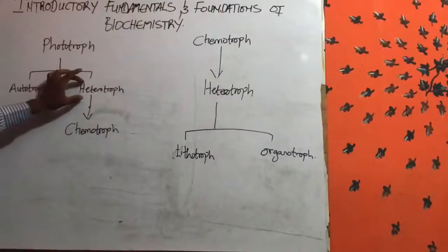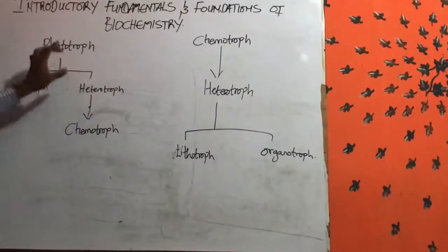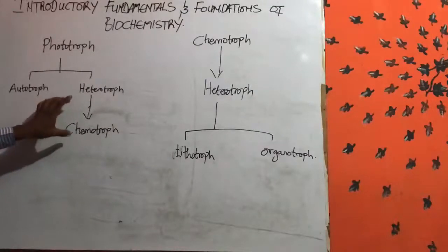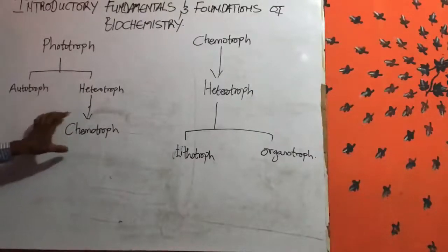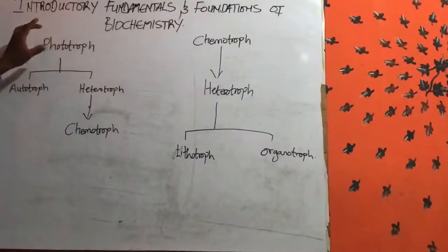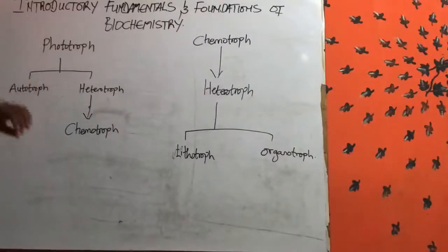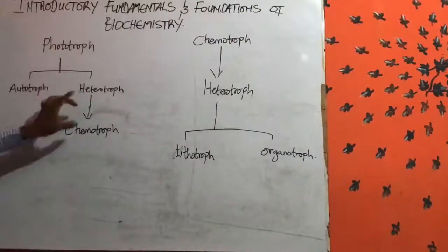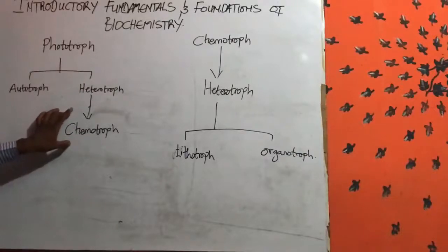If it's depending on already made food, then my phototroph is also a chemotroph, which means it is depending on chemical compounds. So it's eating chemical compounds. For instance, if I have a phototroph that will absorb glucose, it's a phototroph, but it's also a heterotroph because it is using glucose, which is a chemical, as its fuel.